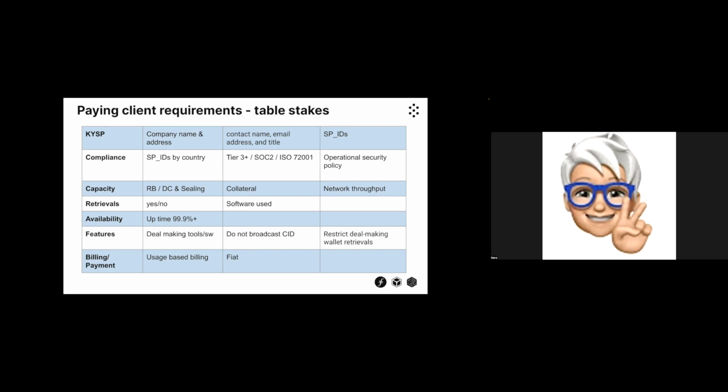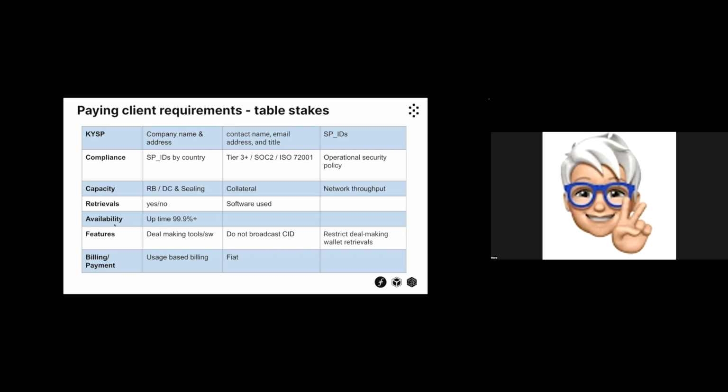And as Jen is talking to them and they are handed off to Andrew or somebody else to find an SP who can take a deal, these are the things that we need to know in order to connect a client with an SP. And this is why, many of you, we've asked you for feedback on what your capabilities are. We've sent out some surveys or Excel spreadsheets and asked you to help define those things. And that's because these are the requirements that are coming in from clients.